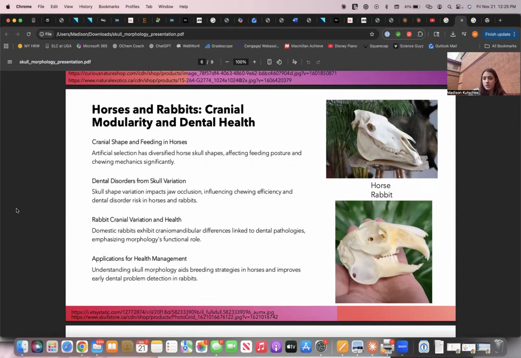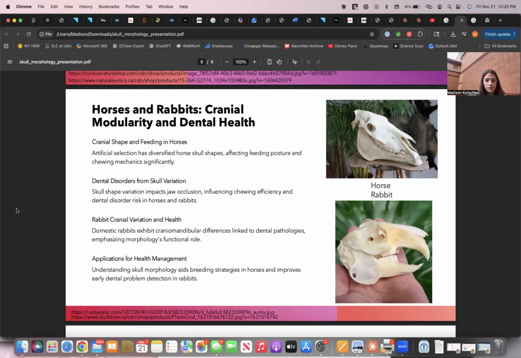Like both our horses and our rabbits, their teeth do continuously grow throughout their life. So then that can lead to dental illnesses, diseases, and just injuries in general. But they did have to adapt to that because of their diets. So compared to our dogs that are eating much more meat, these animals eat much more grasses, hays, and that sort of thing.